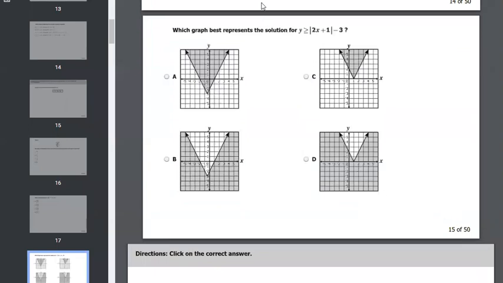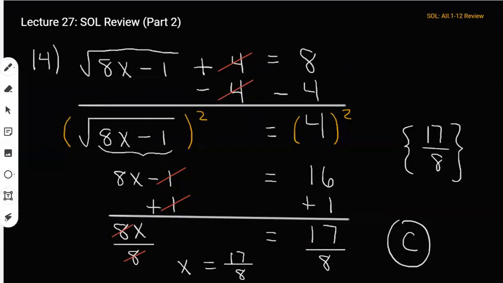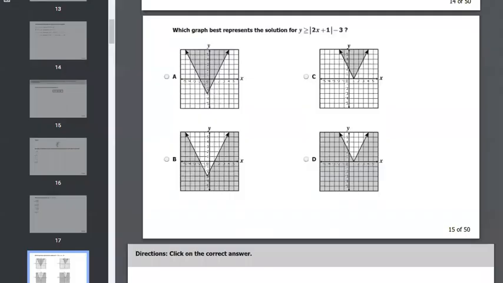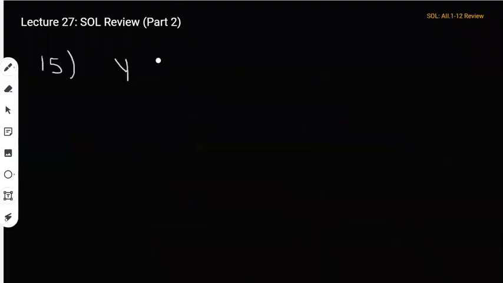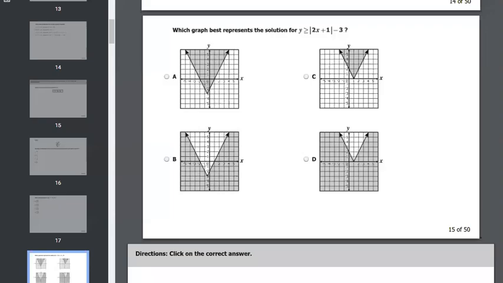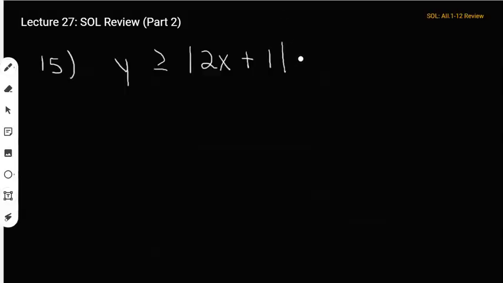All right, let's try number 15. So 15 gives us which graph best represents the solution for y is greater than or equal to the absolute value of 2x plus 1, minus 3 on the outside.